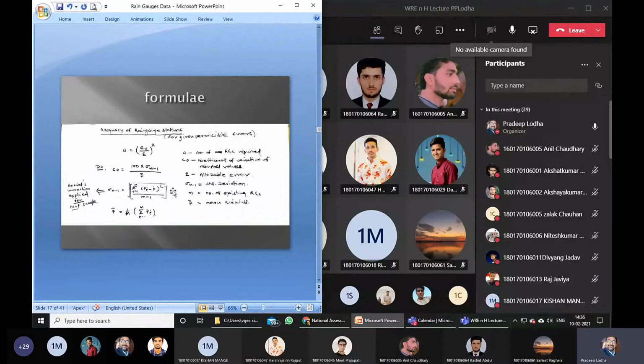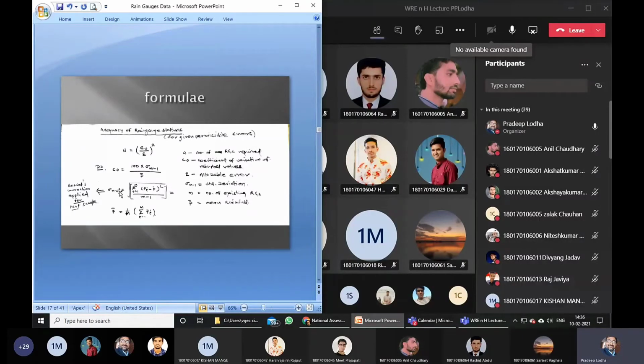So now what we are going to see is that we are calculating the coefficient of variation, and the coefficient of variation depends upon the standard deviation sigma. Mostly it is written as sigma m. Many times we write sigma m minus 1. Why?